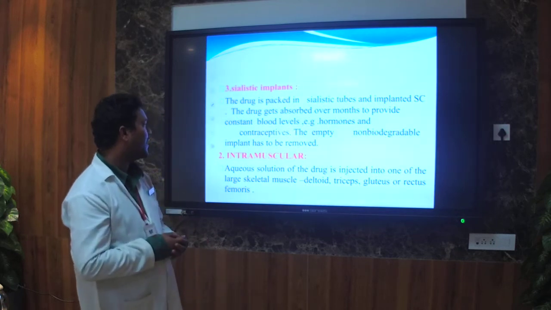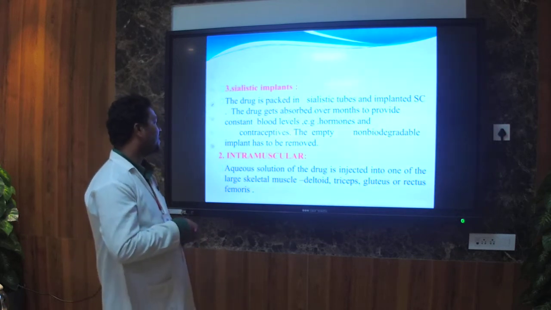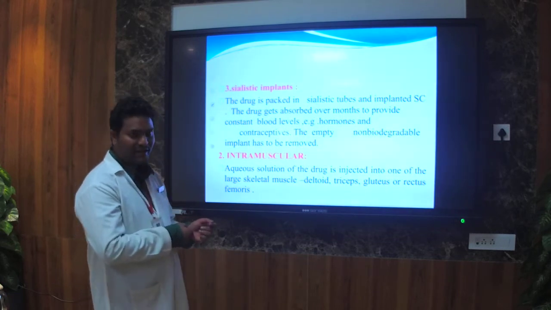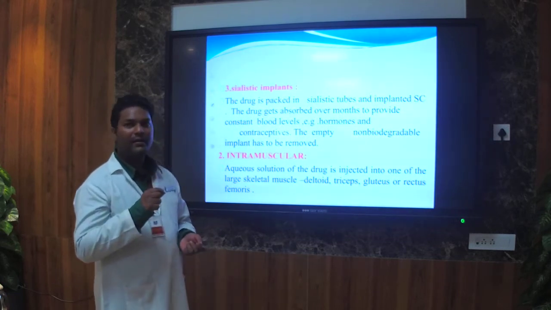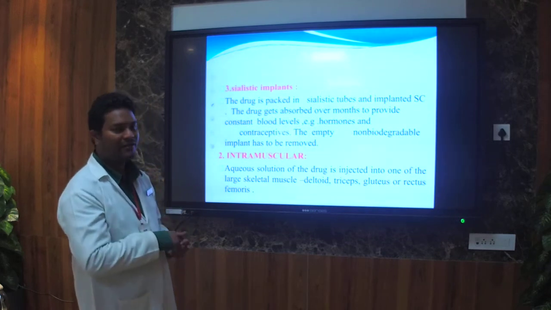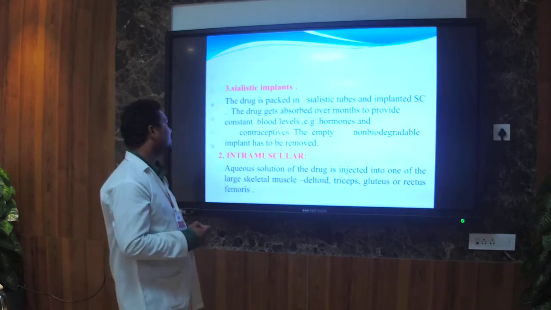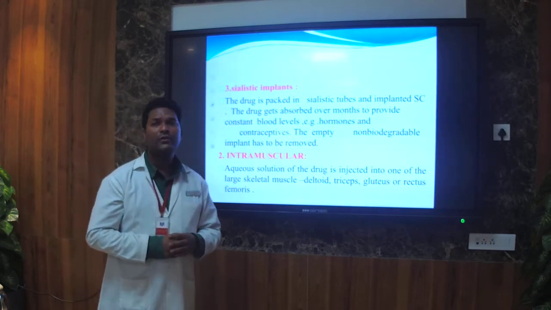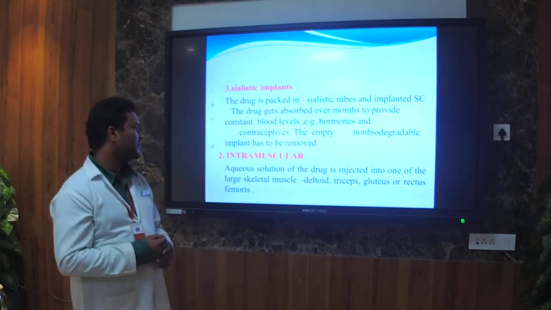We also have non-biodegradable implants, which have to be removed afterwards. We open up the incision again, take out the implanted material, and replace it with a new one.